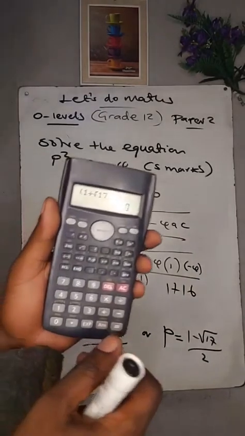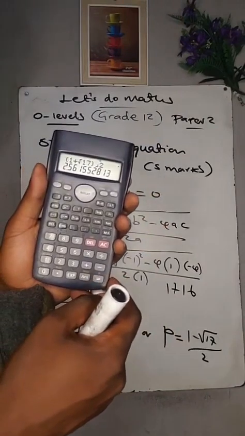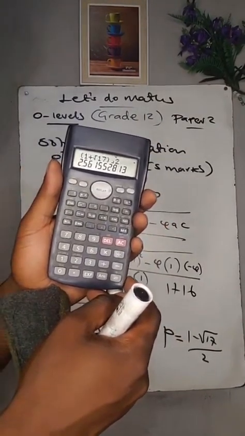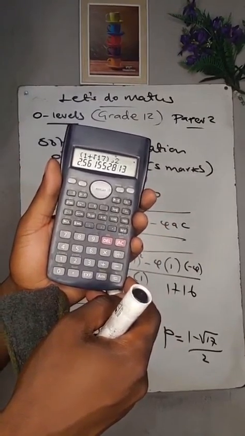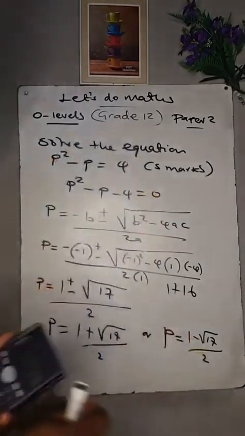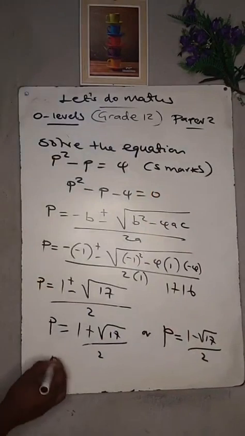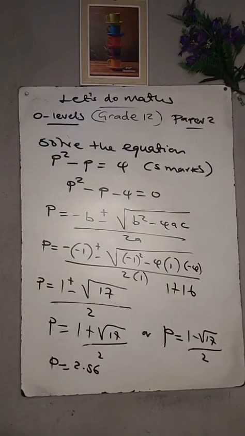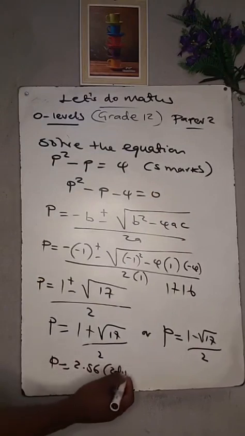And what we are getting is 2.5615, corrected to 2 dp to be 2.56. So the first value of p is 2.56. Now we indicate that we left it in 2 dp.